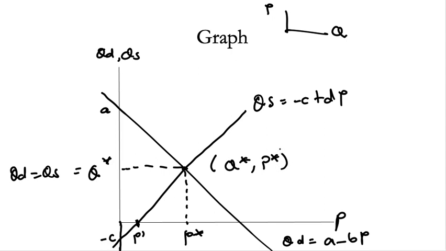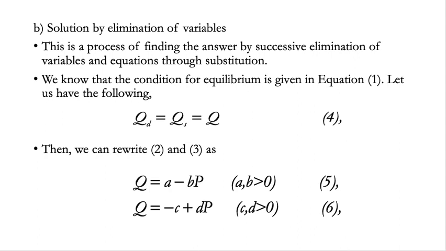However, at a higher level, not all the time you need to draw a graph, especially when the equation is a bit more complicated. Then mathematical or arithmetic operations need to be used in this case. So to do this, we need to have methods of searching for the equilibrium quantity demanded and supplied as well as price. So one way of doing it is by elimination of variables. Okay, so this is a process of finding the answer by successive elimination of variables and equations through substitution.